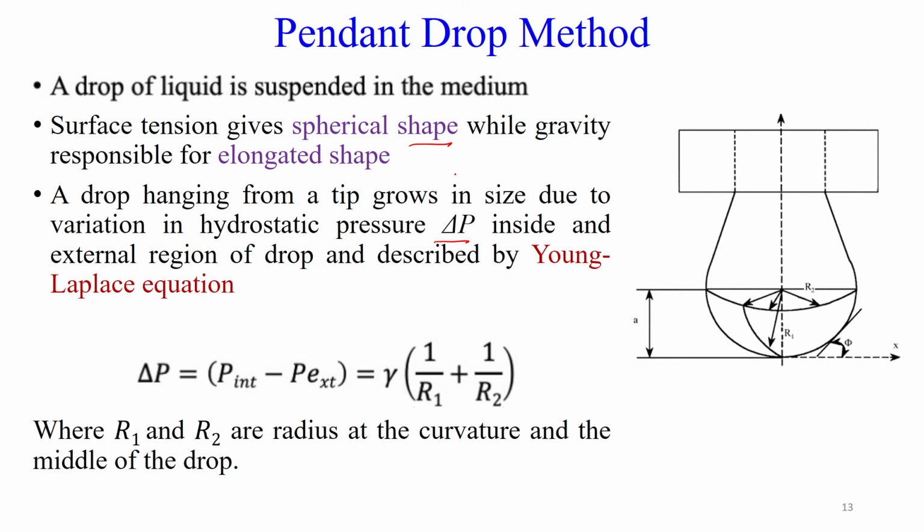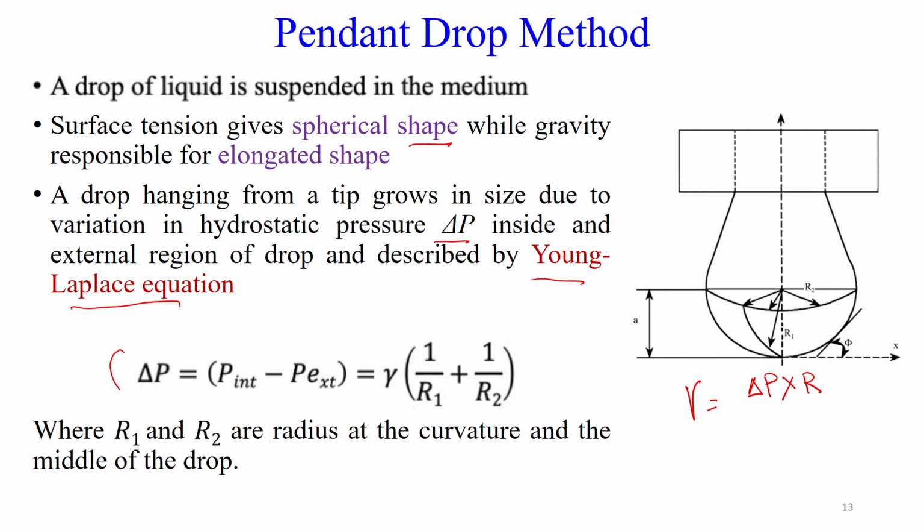Because of this pressure difference we can calculate the surface tension using the Young-Laplace equation, which says surface tension is equal to delta P into R, but here delta P is P internal minus P external.